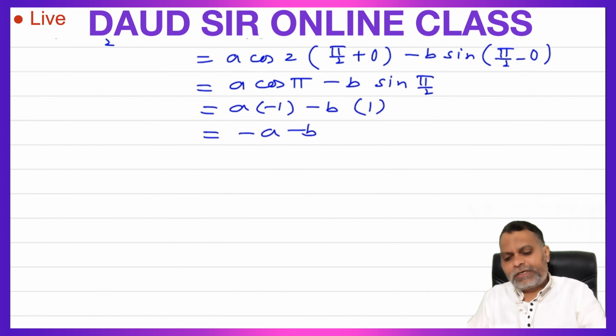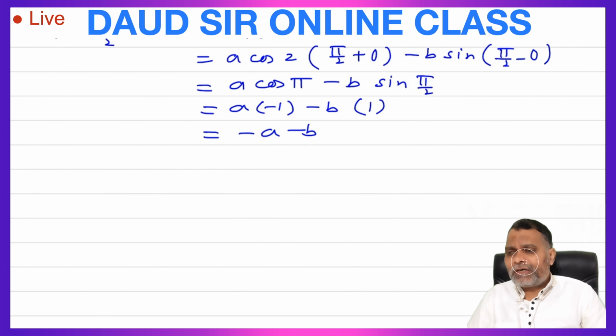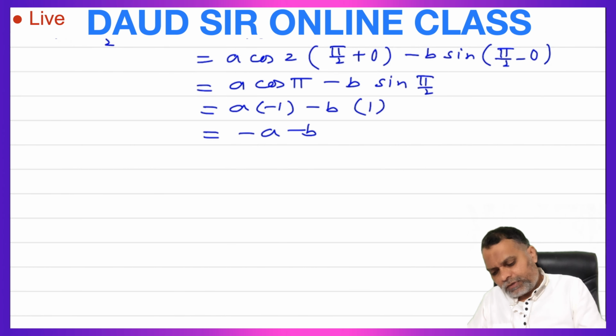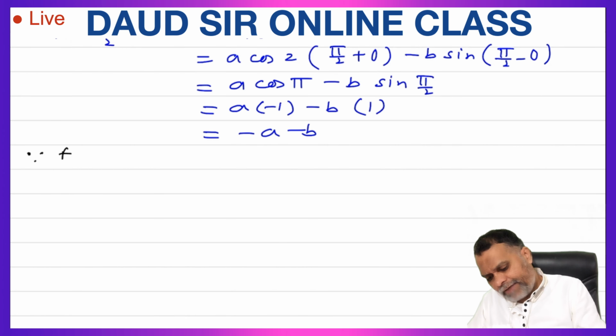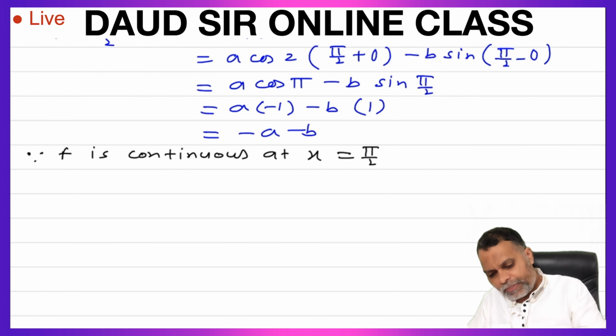Since this function is given continuous in the interval 0 to pi, since f is continuous at x is equal to pi by 2, which belongs to closed interval 0 to pi.